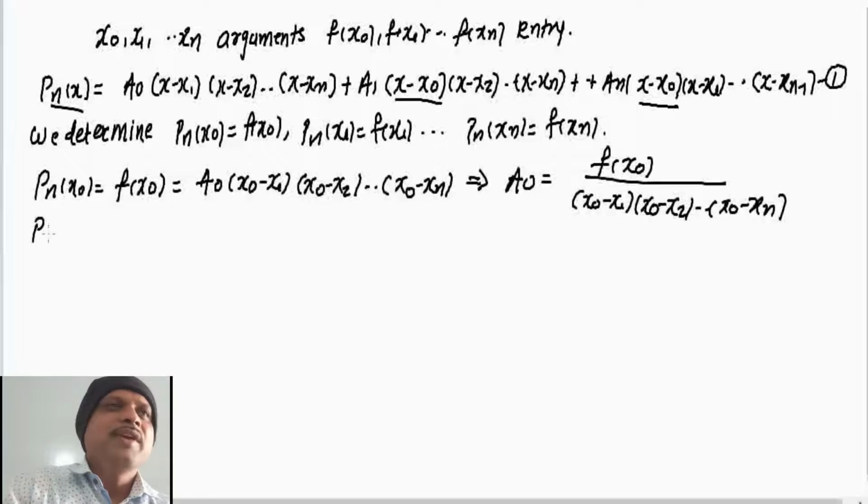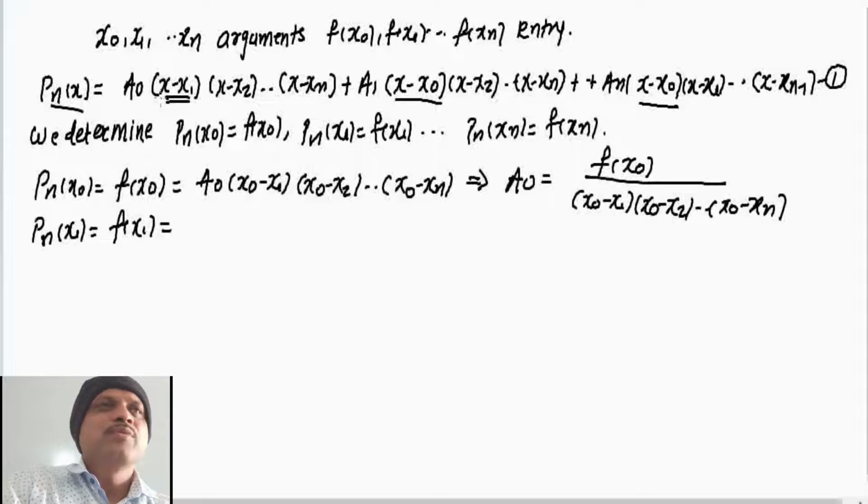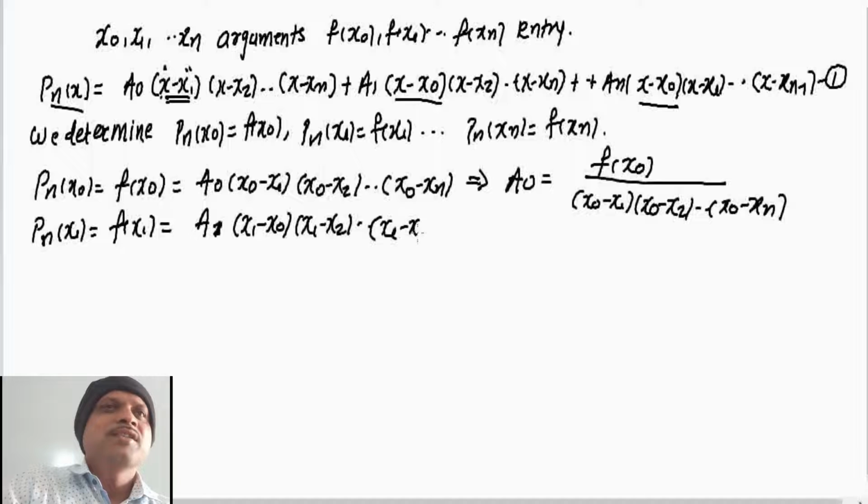Now put x equal to x1. So pn of x1, that means f of x1, equals, now in the first term x minus x1 is a factor, so whenever we put x equal to x1 we get x1 minus x1, which is 0, and the second term is a1 into (x1 minus x0)(x1 minus x2)...(x1 minus xn), and all other remaining terms become 0 due to these factors.